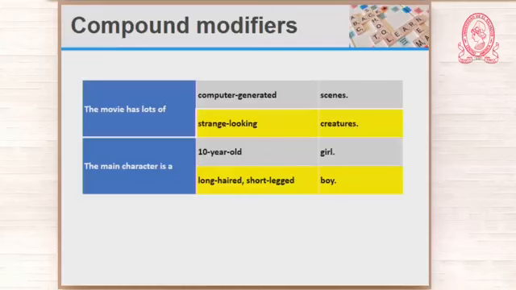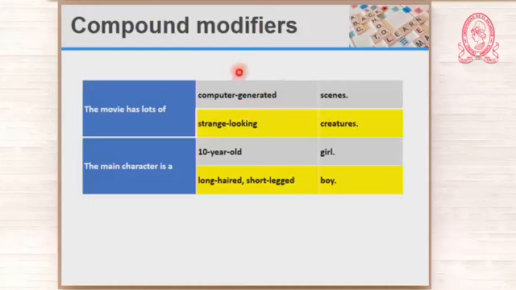Sometimes we have compound modifiers. Look at the first sentence. The movie has lots of computer-generated scenes. The movie has lots of strange-looking creatures. Here we have a compound modifier, a compound modifier.